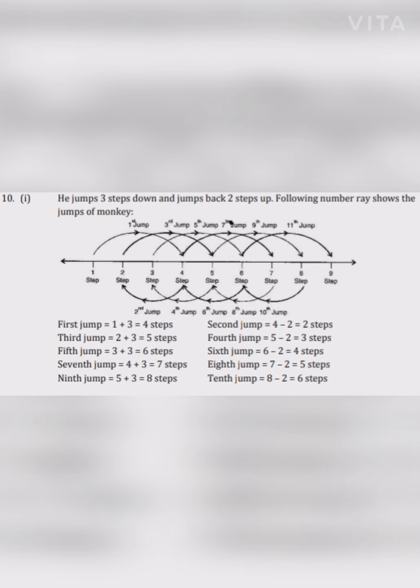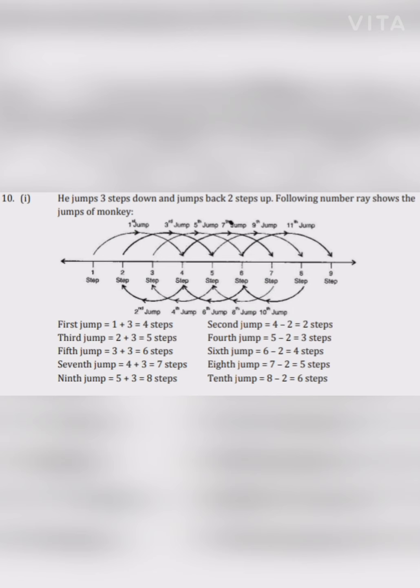Third jump is 2 plus 3 is equal to 5 steps. Fifth jump is 3 plus 3 is equal to 6 steps. Seventh jump is 4 plus 3 is equal to 7 steps. Ninth jump is 5 plus 3 is equal to 8 steps.